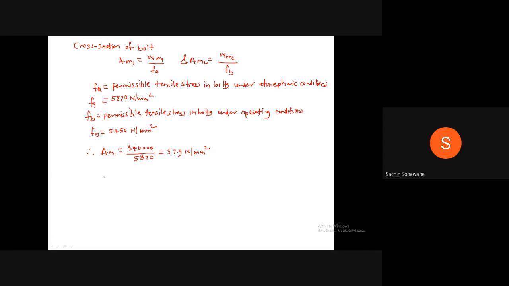Am2 is equal to 4,24,000 divided by 5450, which is equal to 77.8.